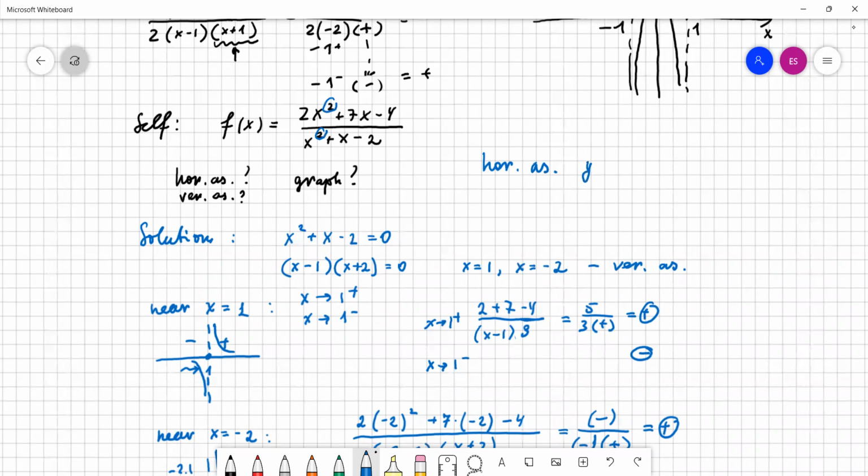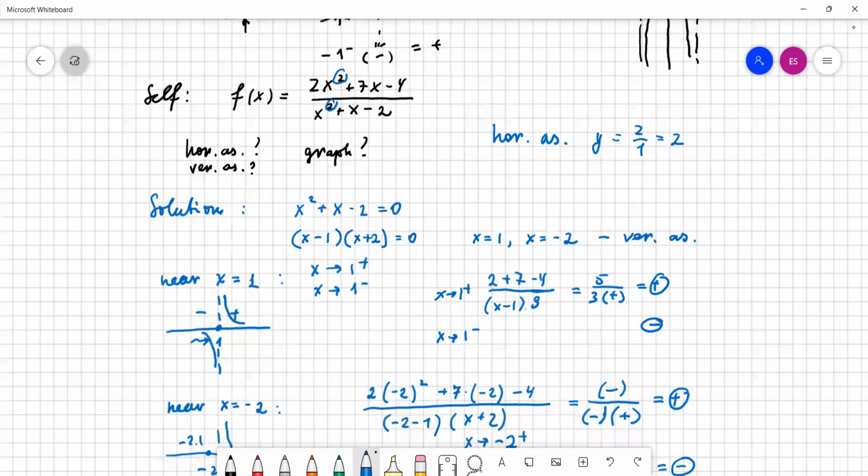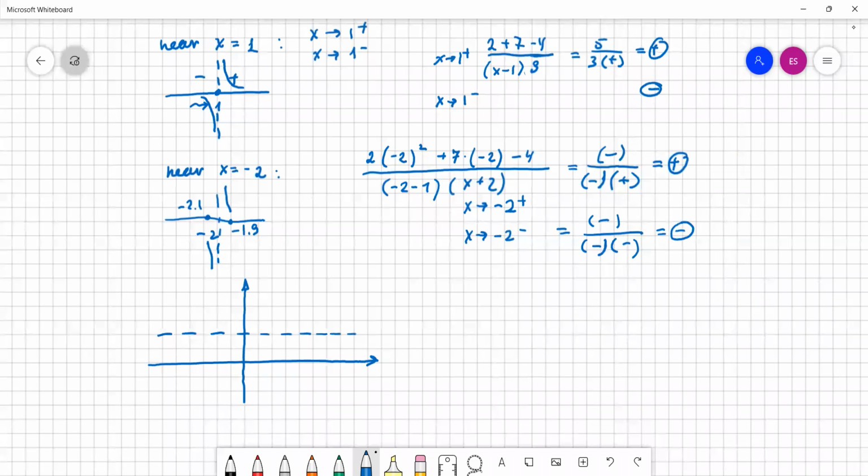It's going to be just y equals 2 over 1, which is 2. Okay. So now I'm graphing my horizontal asymptote, and my vertical asymptotes, which are minus 2 and 1. And my graph is going to be red.